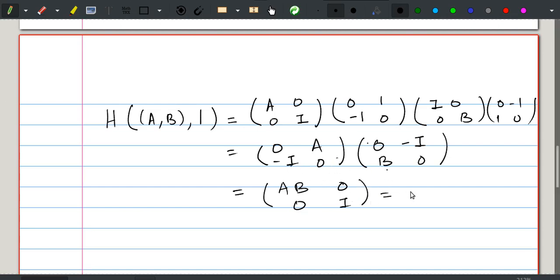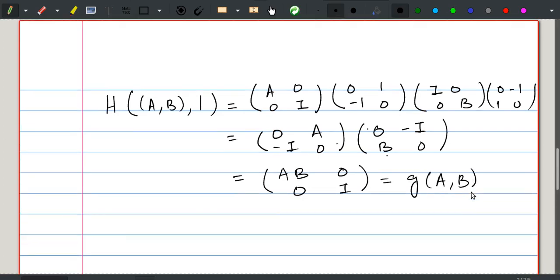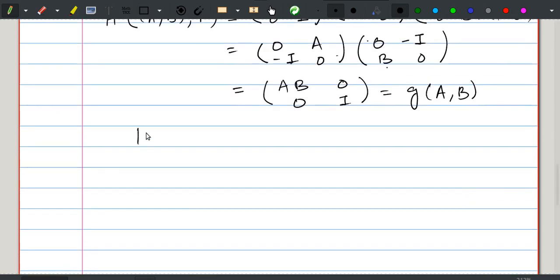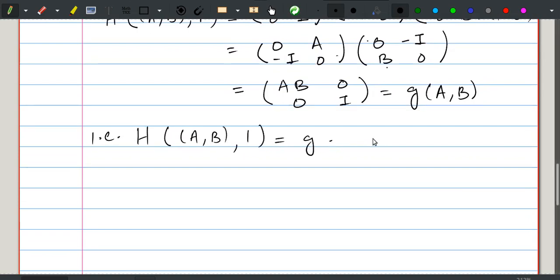So that is g of ab. Hence when we restrict h to 1, we get g. Hence these two maps are homotopic.